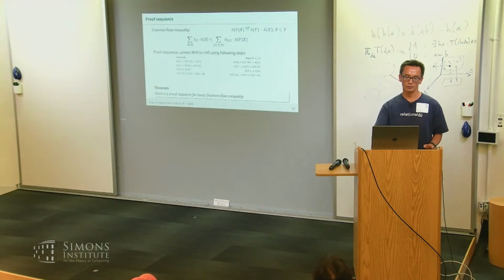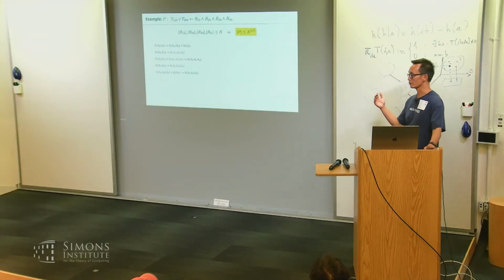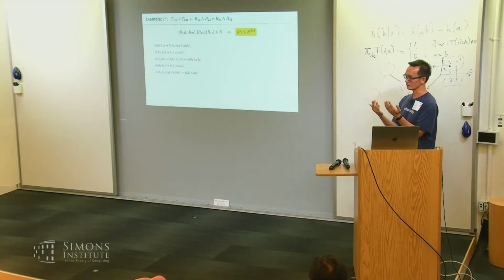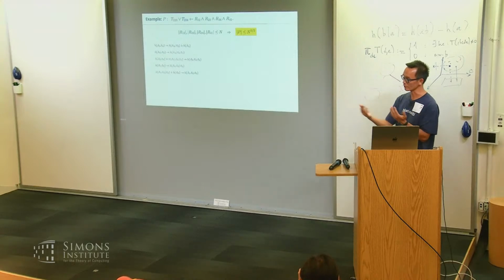Not a Boolean query, but a query with some output variables. Yes, it's the same: we range over the tree decompositions, a certain set of tree decompositions capturing the free variables. And then once you have those tree decompositions, you can do the DNF rewrite or CNF rewrite.